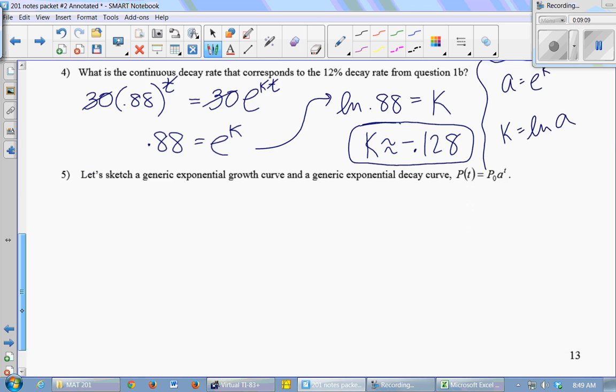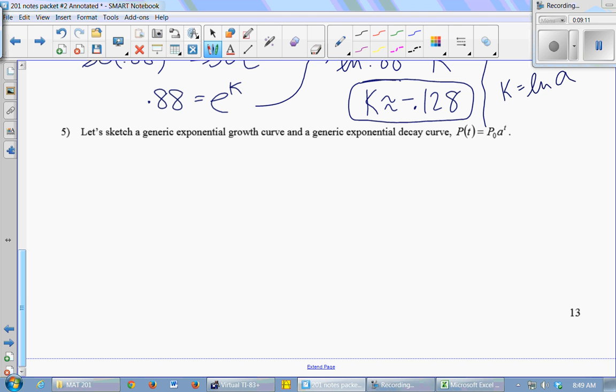Okay, so let's sketch a generic exponential growth curve and a generic exponential decay curve. What's an exponential growth curve generally look like? Whoosh. Yep. And this right here, what is that usually? It's 1 if you're just doing a to the t.